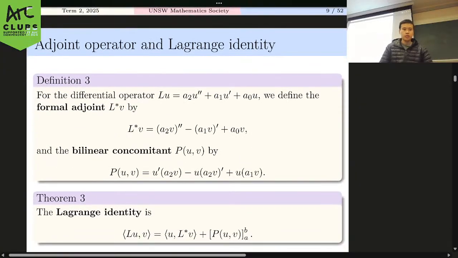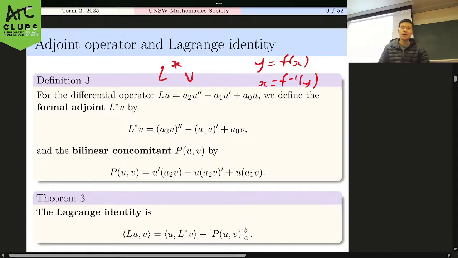Okay. So now we're going to move on to adjoint operators. Again, for some differential operator, just for second order, we're going to define the formal adjoint. It's L with a star, and then a v. You don't use u because it's like when you have y equals f of x and you're defining the inverse, using the output letter.